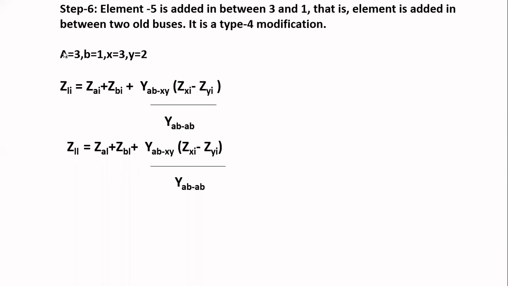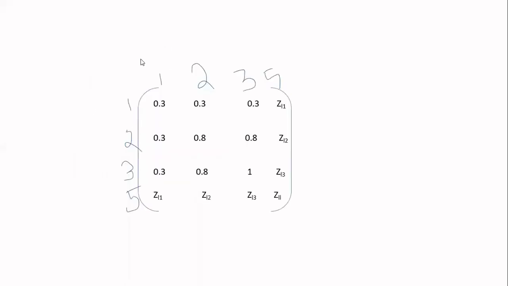These are the elements, and the mutual impedance will be added in between these two elements. This is the matrix for forming the Z-bus in step 6.